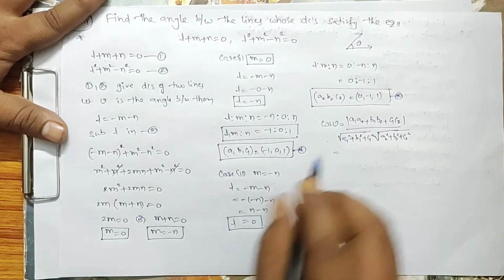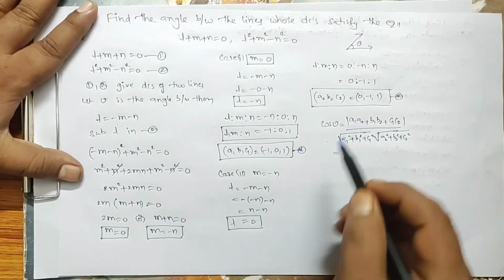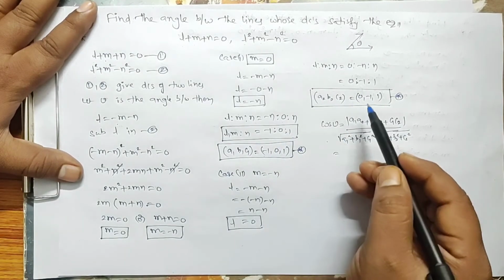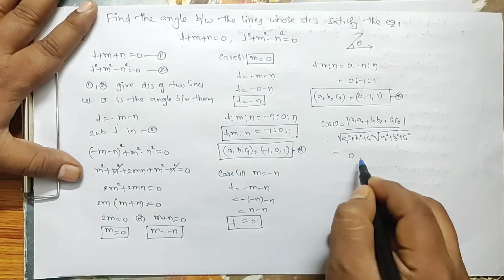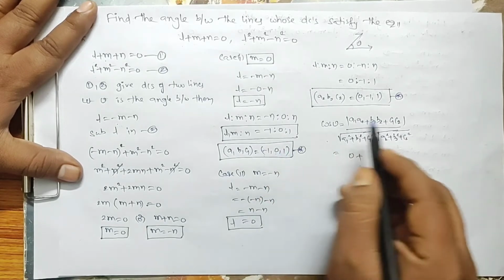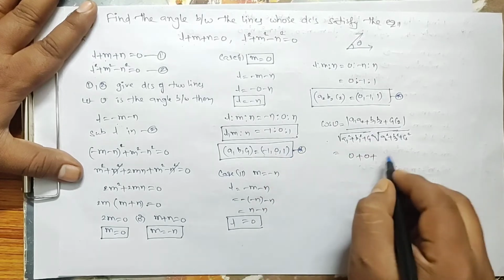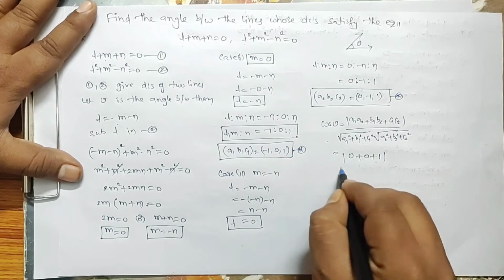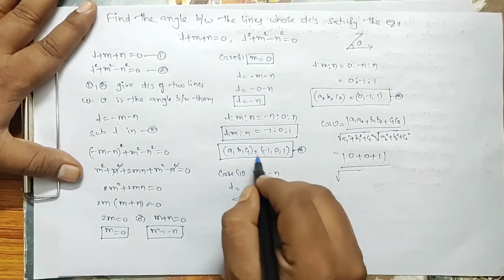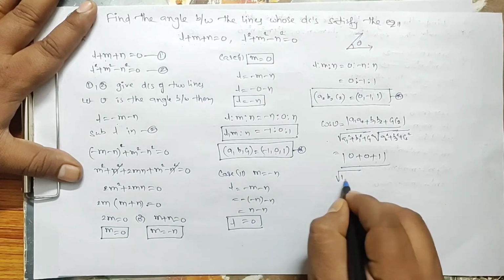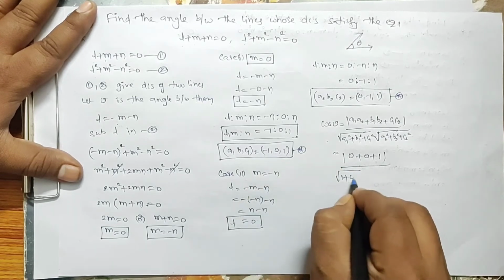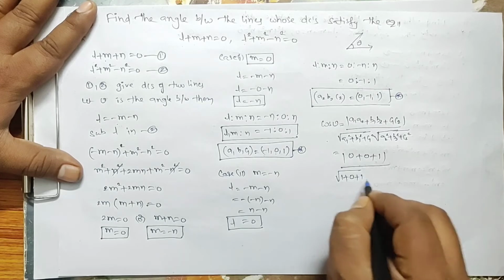So then here a1 is -1, a2 is 0, so we get 0 plus 0 into -1, that is again 0, plus 1 into 1, 1 mod, by the root of a1 square, that is 1 only, plus 0 square, 0, plus 1 square, again 1.